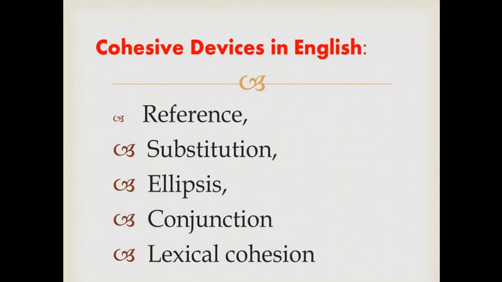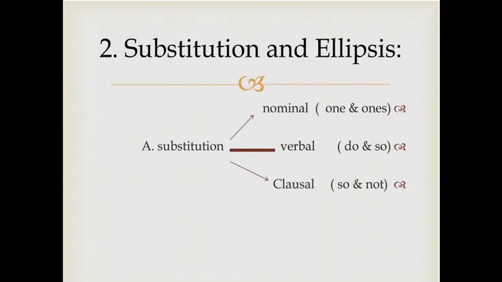So, cohesive devices in English. In the previous lesson we talked about reference, and here are given substitution, ellipsis, conjunction, and lexical cohesion. Today we're going to talk about substitution and ellipsis. Substitution can be divided into three: nominal, verbal, and clausal.